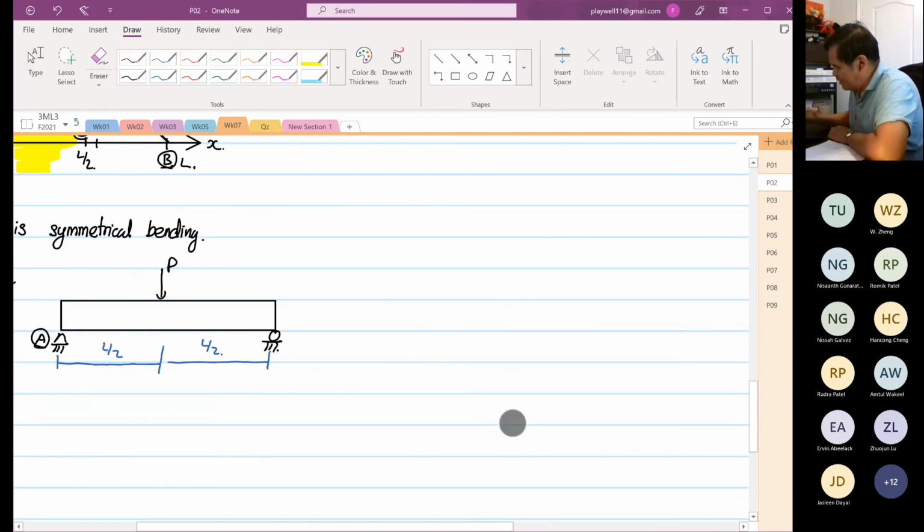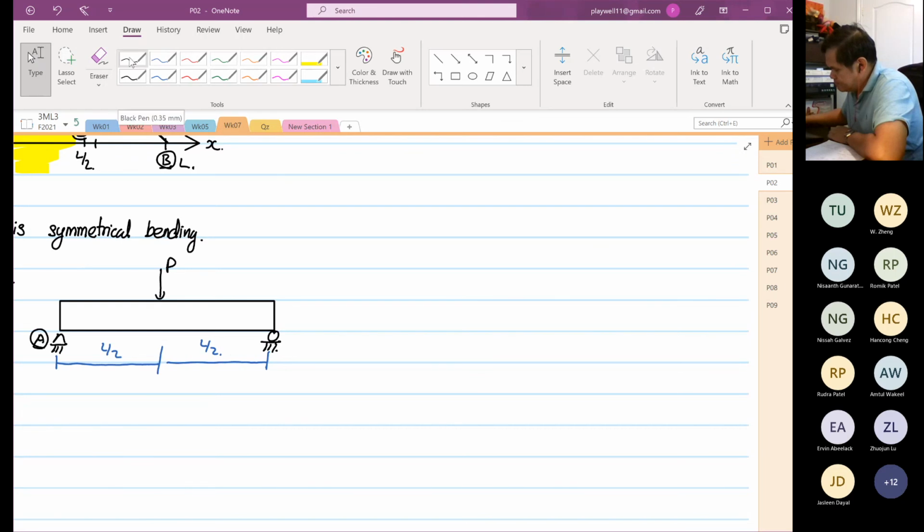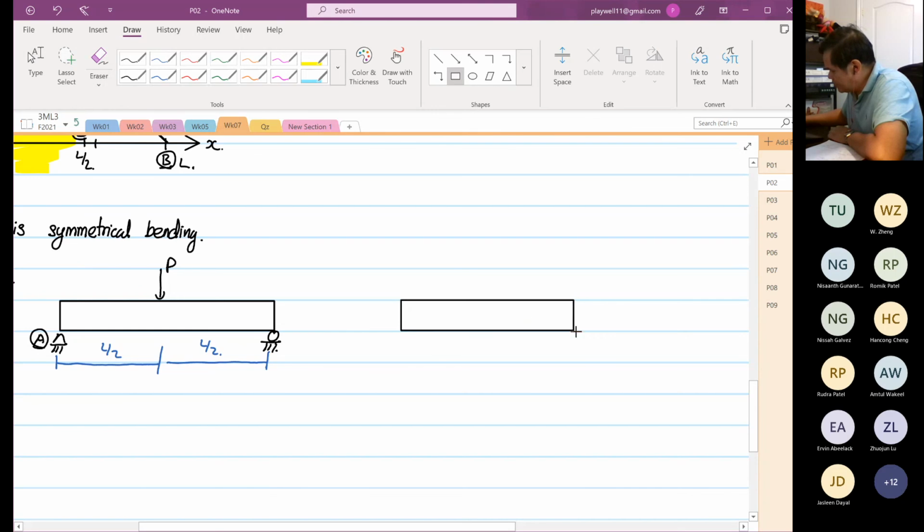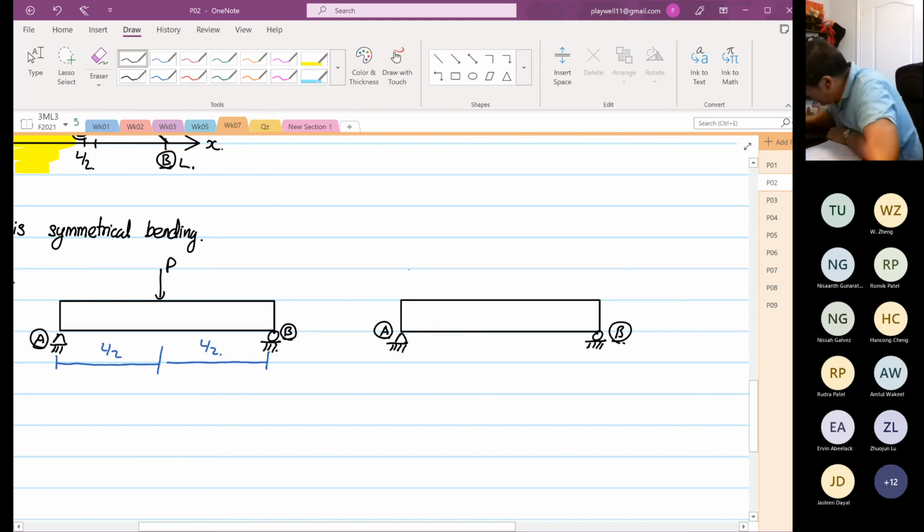Then I draw another structure, same thing, but now we have this.